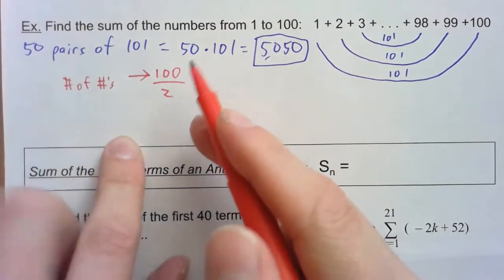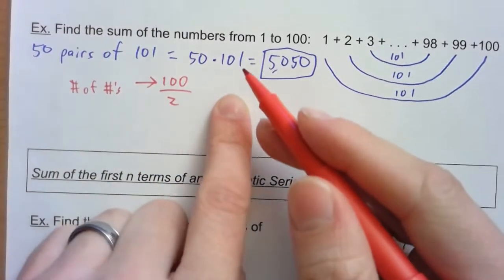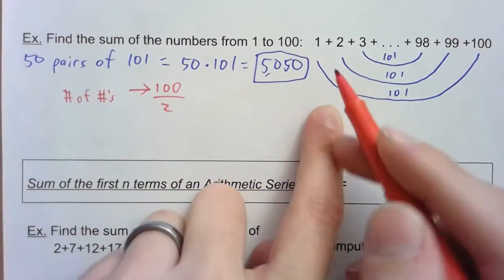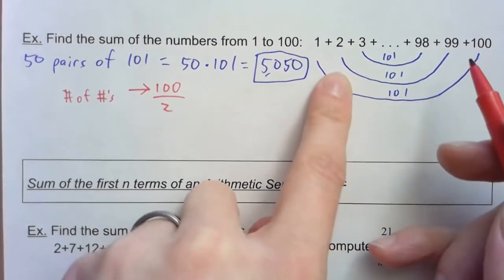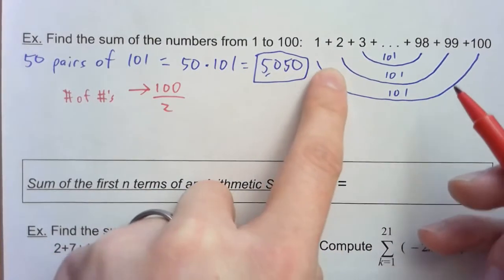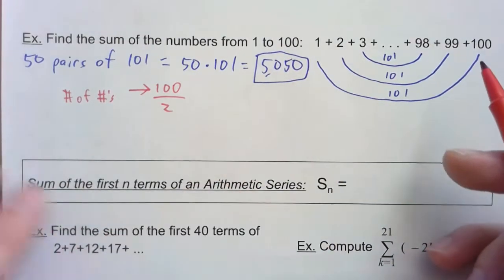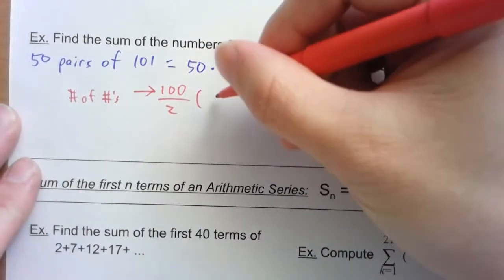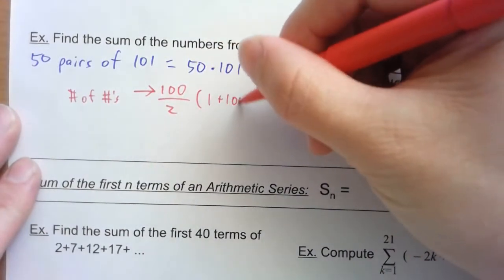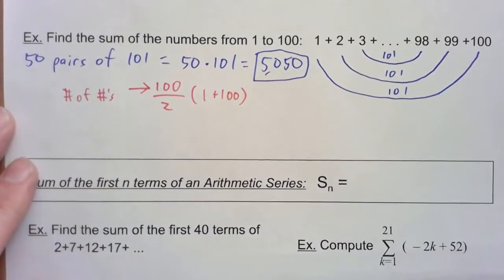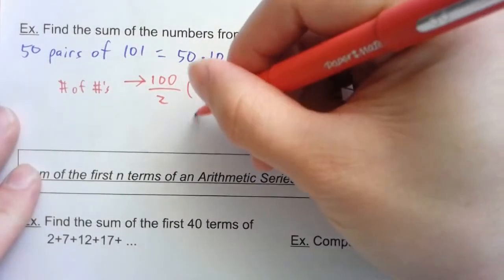That was the number of pairs. And then where did this 101 come from? That came from how much a pair added up to. The easiest way to find one pair is to take the first and the last number. That 101 was 1 plus 100, the first number plus the last number.